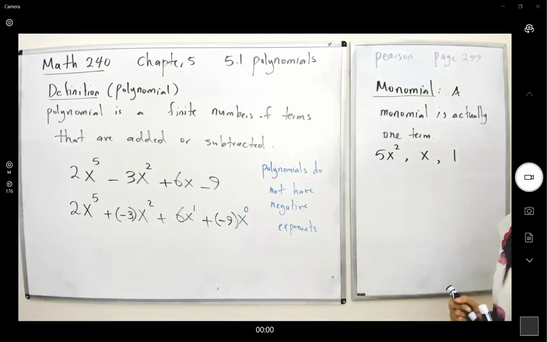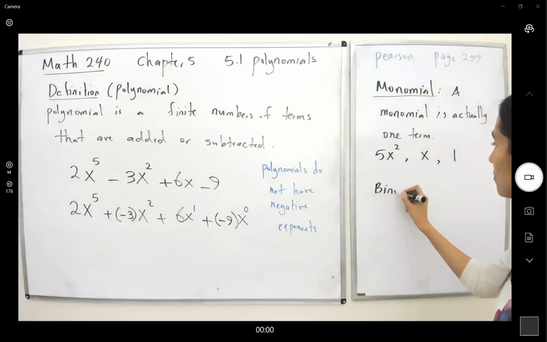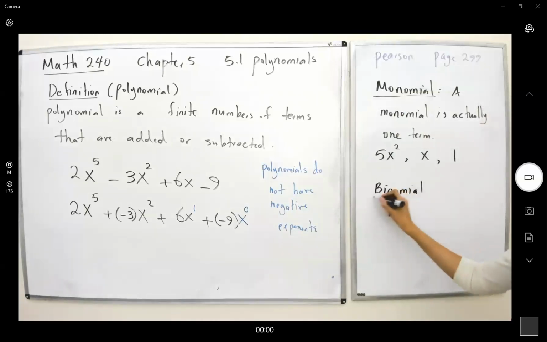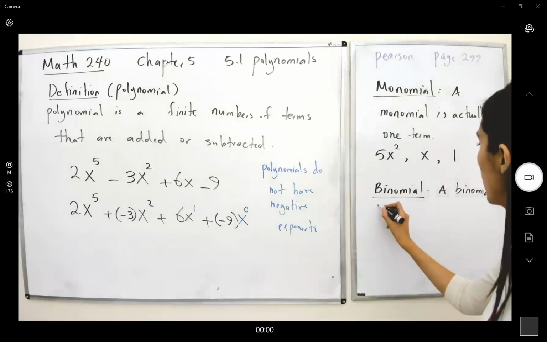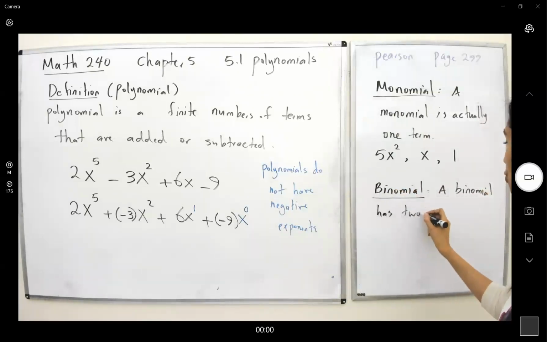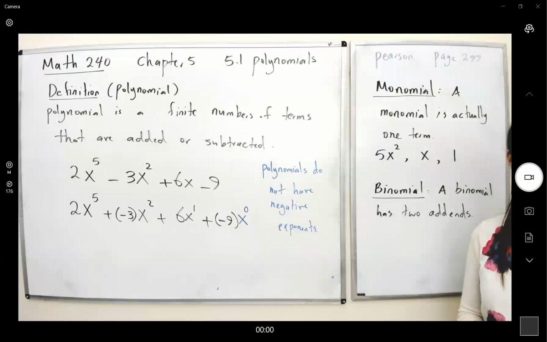As you guess, if we add 2 terms, we get a binomial. So a binomial has 2 addends, or we can say that it has 2 terms attached together by addition or subtraction.